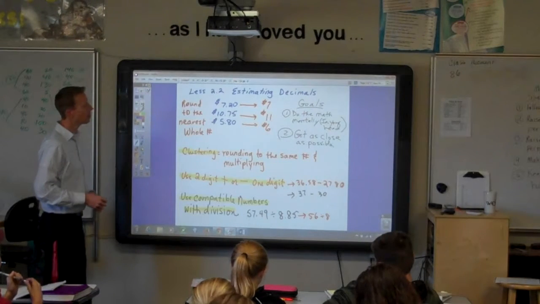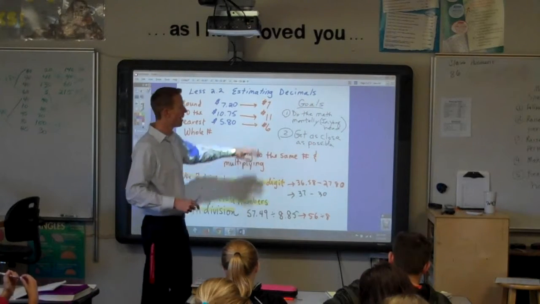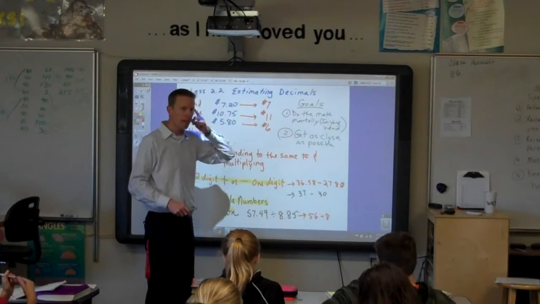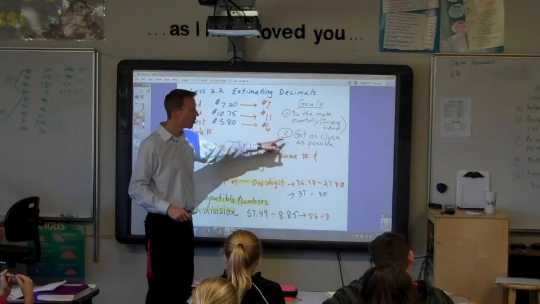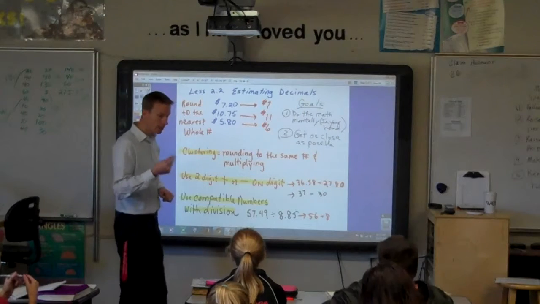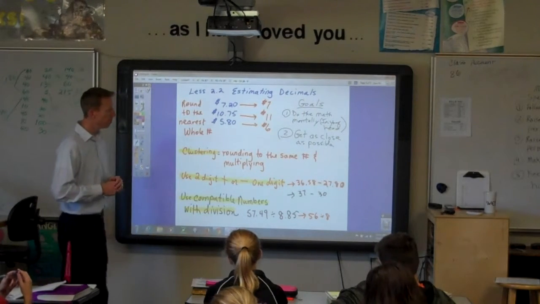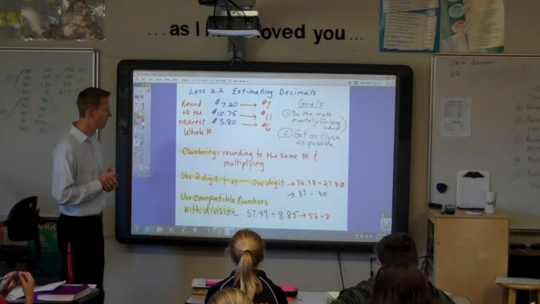Then in lesson 2, we talked about estimating. And it's most important to remember our goals when estimating: to be able to do the math mentally, but yet get a close answer. Get as close as possible. Do it quickly though, but do it, estimate, and get a close answer. Okay?